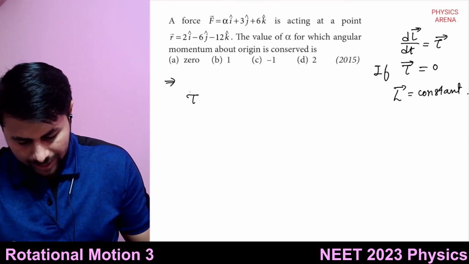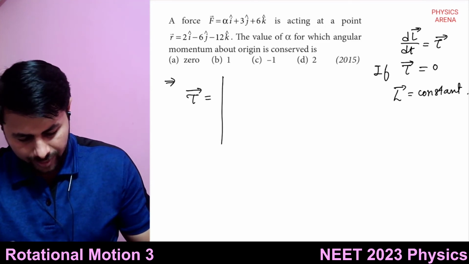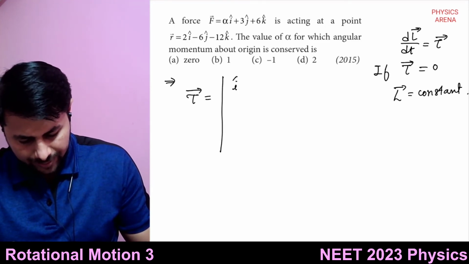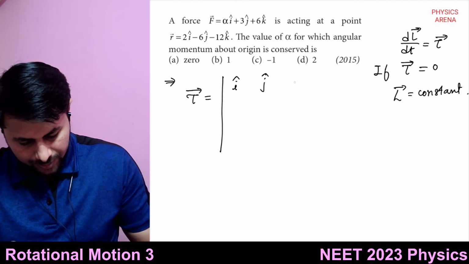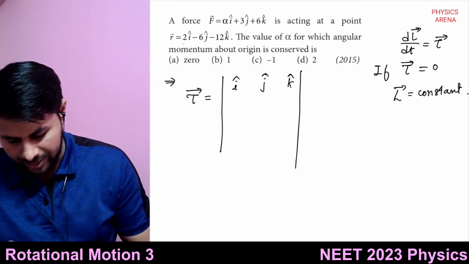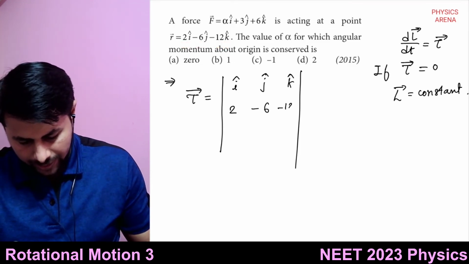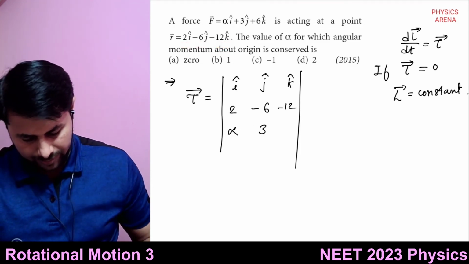So angular momentum will be conserved when torque, R bar cross F bar, is 0. So this is i, j, k, then R bar is 2, minus 6, minus 12, and F is alpha, 3, 6. Let's solve this.